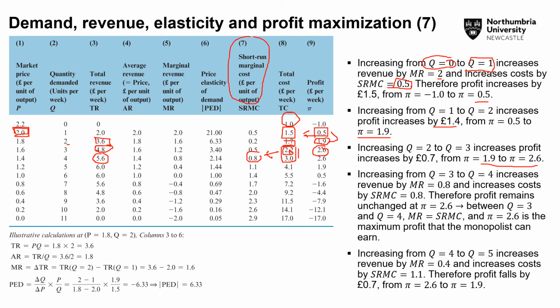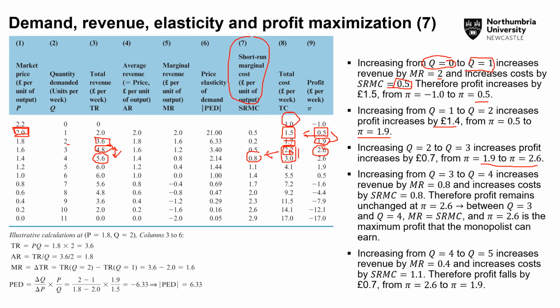So what is our change in revenue, our marginal revenue? It is 0.8. So although our revenue increases by 0.8, so do our costs with selling an additional unit, in other words, selling the 4th unit.